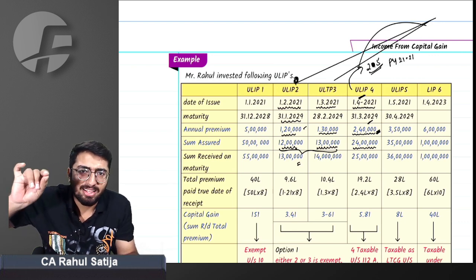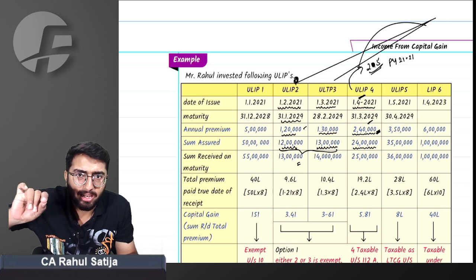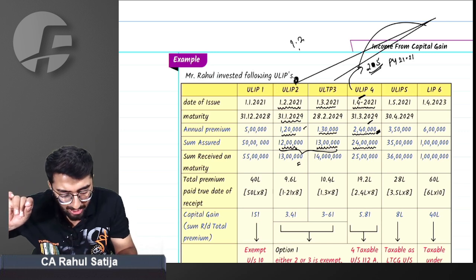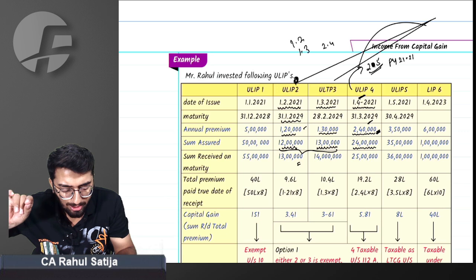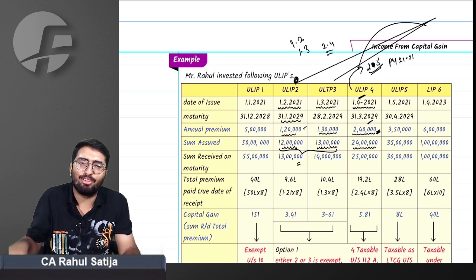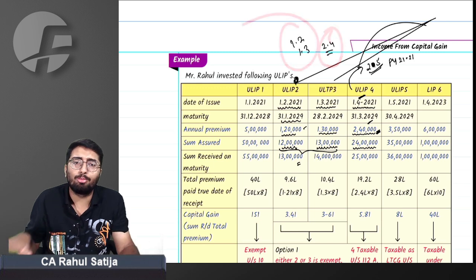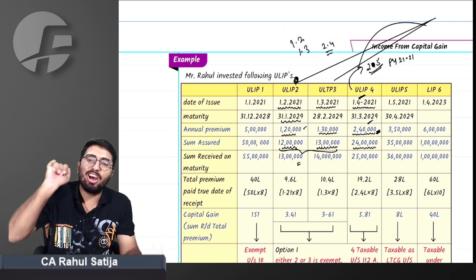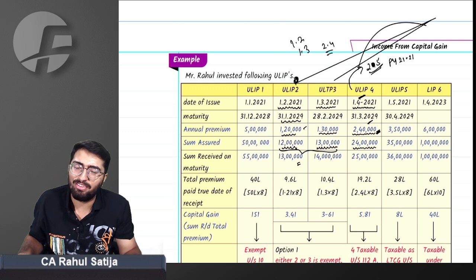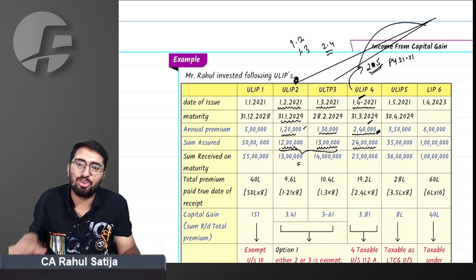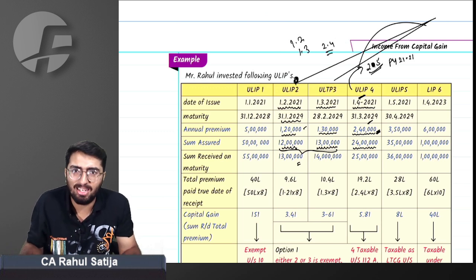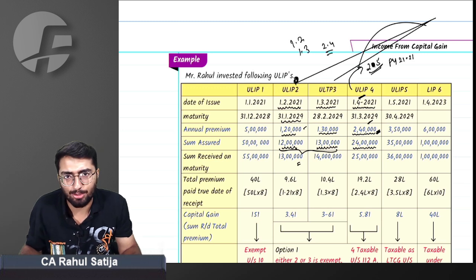That means, can I say that in aggregate, I am paying premium of 1.2 lakh, 1.3 lakh, and 2.4 lakh? Can I say that for a single financial year, I am paying 3 installments aggregating to 4.9 lakh rupees? Now you have to decide which ULIP will be exempt and which ULIP will be taxable.